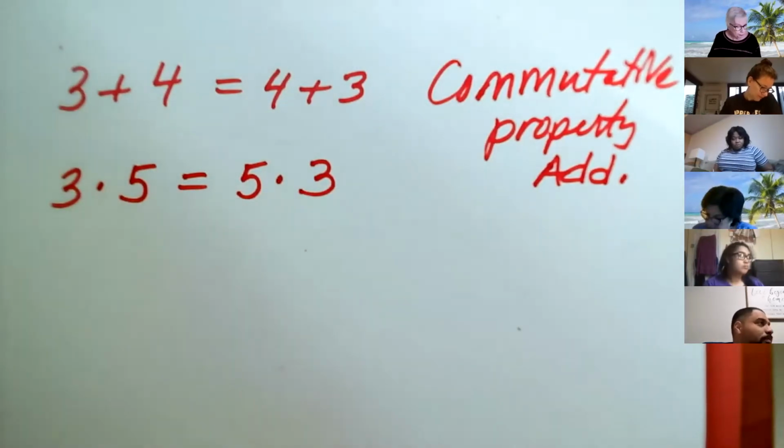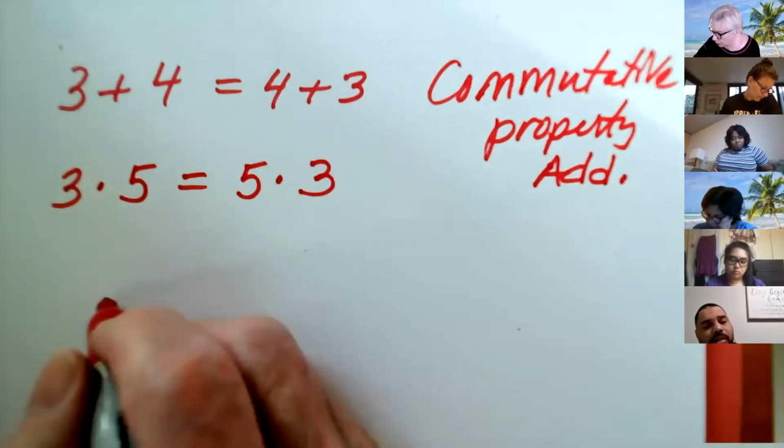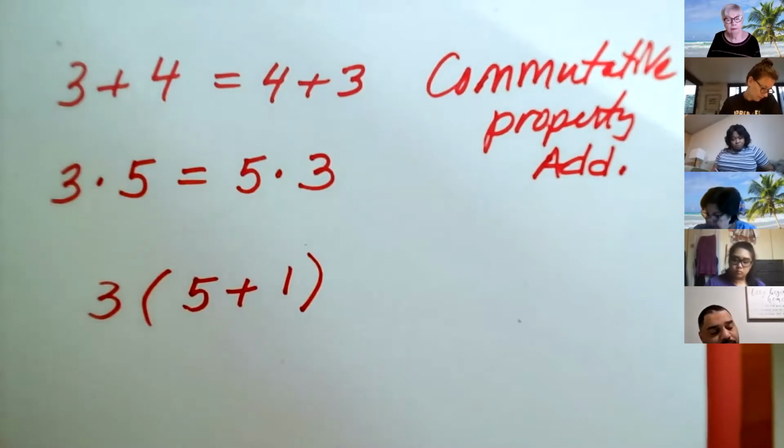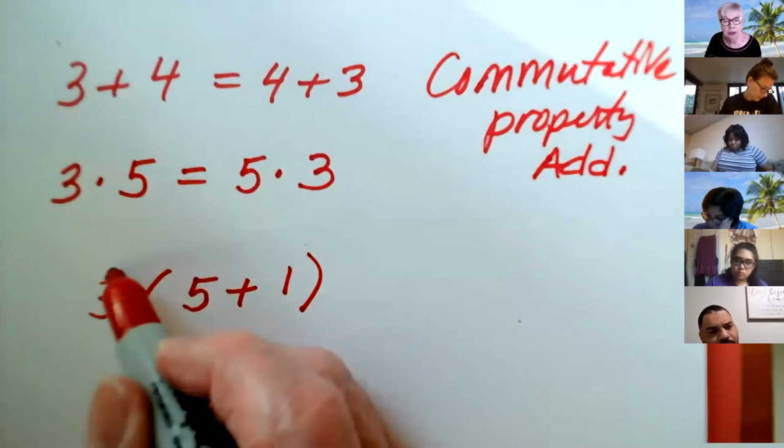Okay. And there was associative property where you'd use parentheses around the first two and then around the last two. And there was the distributive property, which looks like this. So the distributive property basically said you distribute the 3 to both numbers.